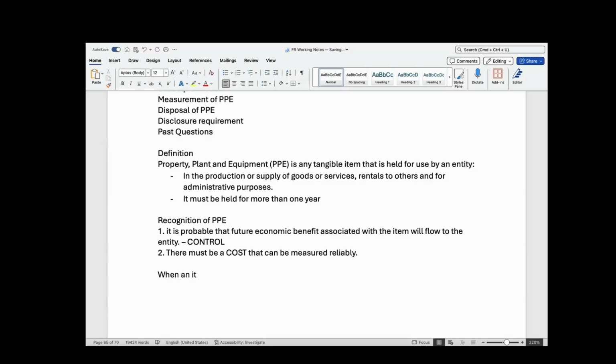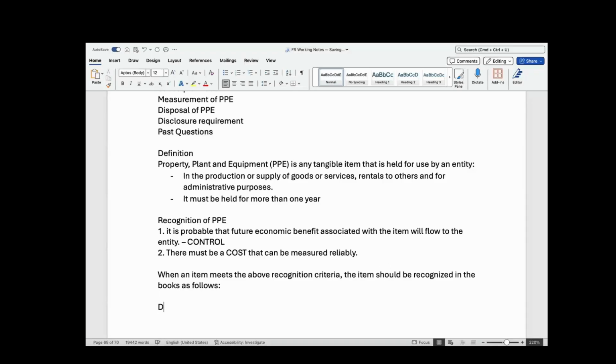So when an item meets the above recognition criteria, then the item should be recognized in the books as follows.